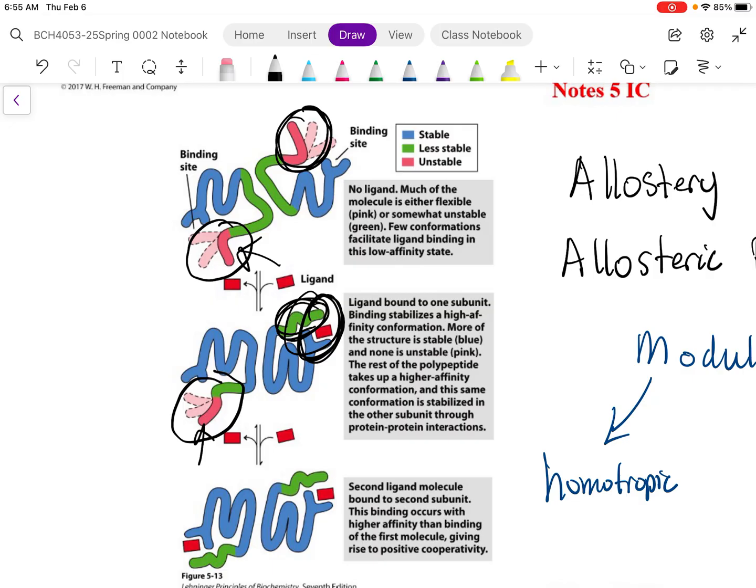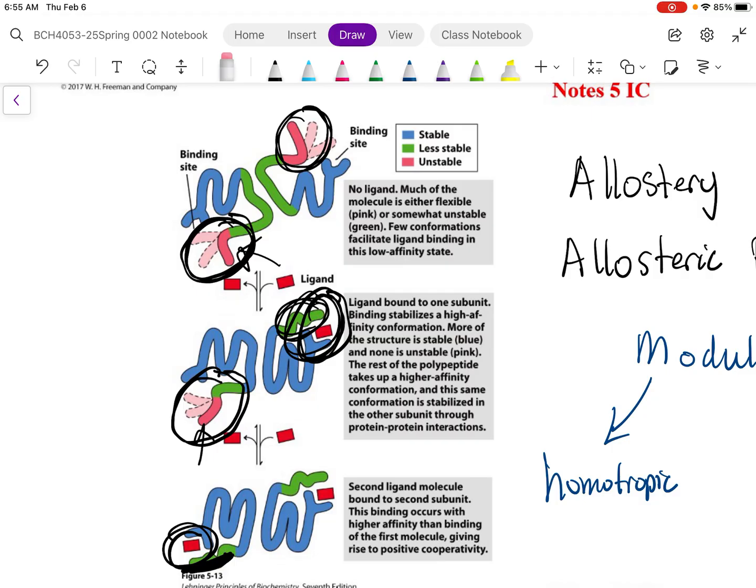After that first ligand binds, look at the position. The ligand binds and now the position changes. It's positioning to turn into that green piece right there. And what does that green piece do? It kind of holds in that second ligand.